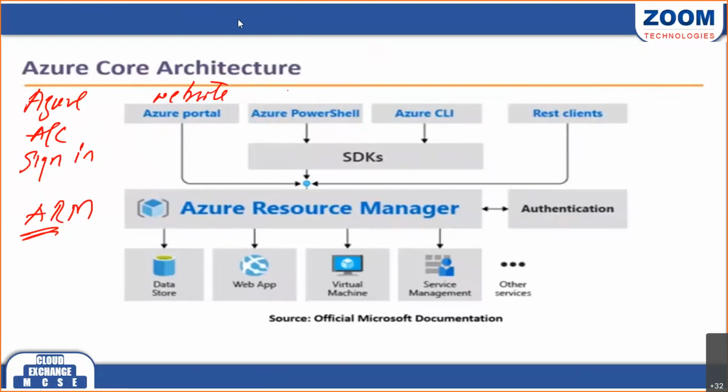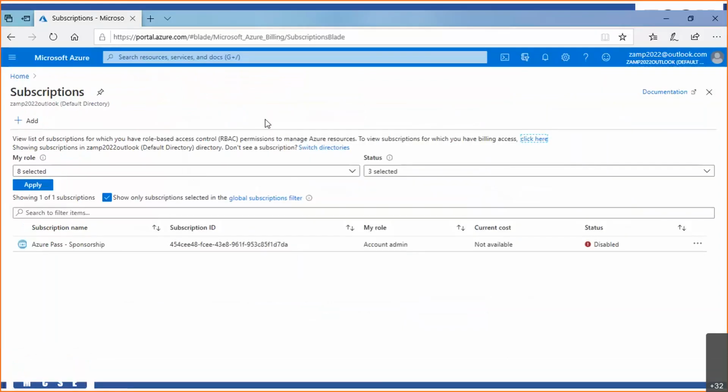Once you sign up, we are getting this page, and this page is called the ARM page. We can go to home, check our account, and create resources. So this page is called the ARM page, the Azure Resource Manager page.